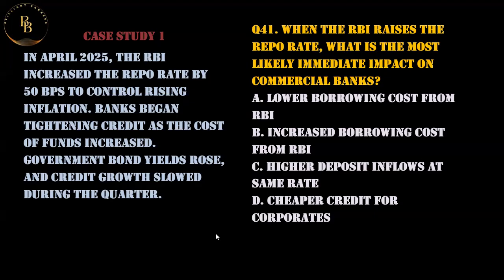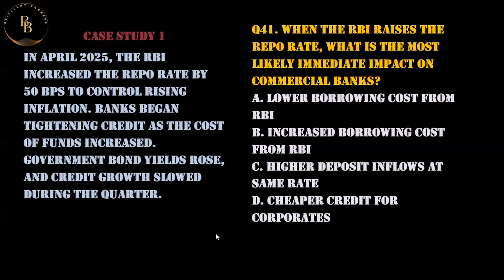So what happens when the RBI raises the repo rate? What is the most likely immediate impact on the commercial banks? Lowering borrowing costs from RBI, increased borrowing costs from RBI, higher deposit inflows at the same rate, or cheaper credit for corporates.